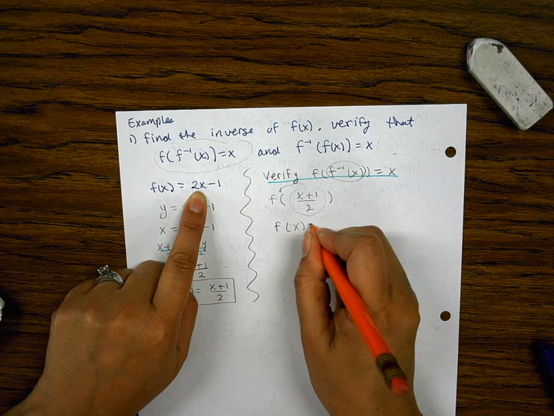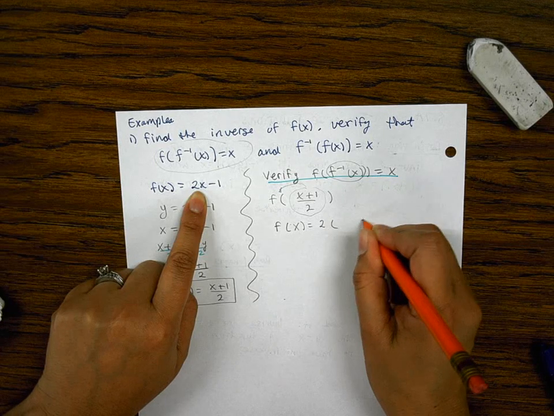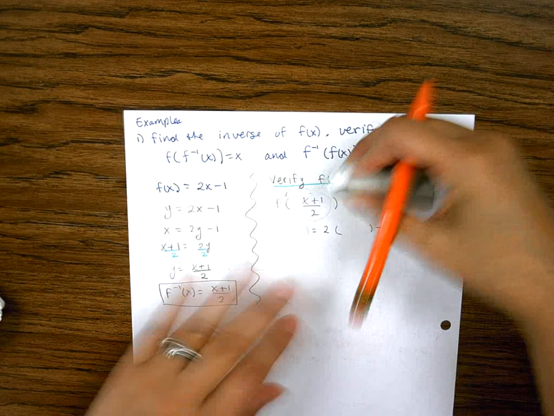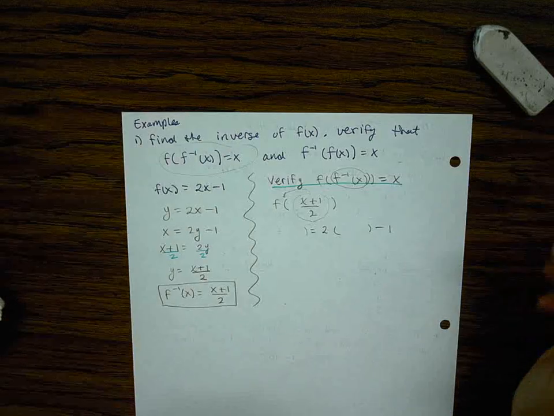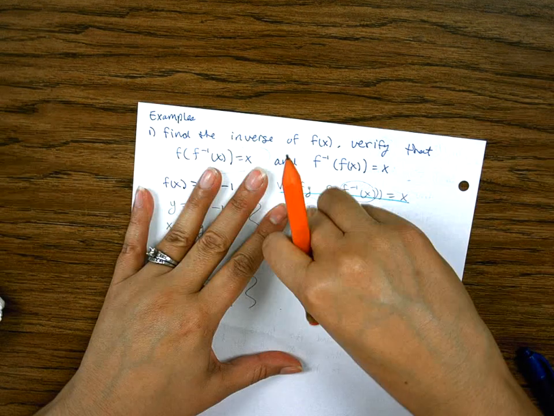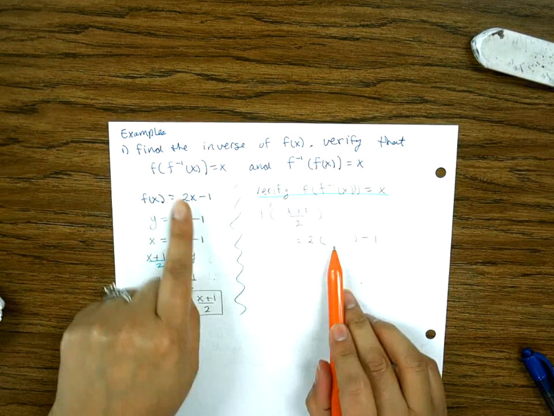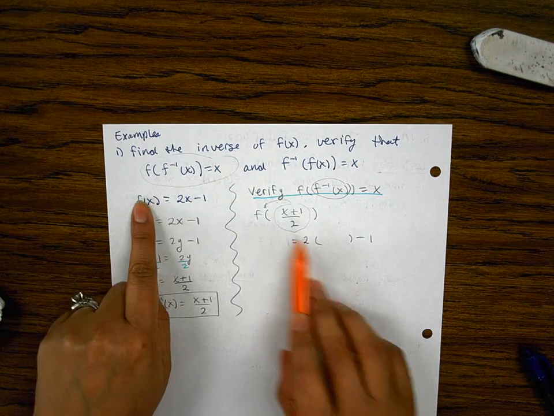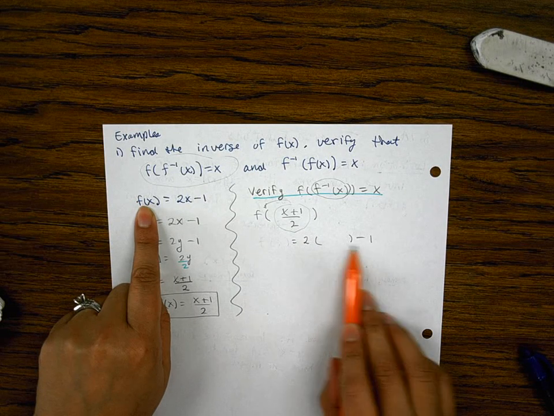Where's my original f? So f of x equals 2 blank minus 1.